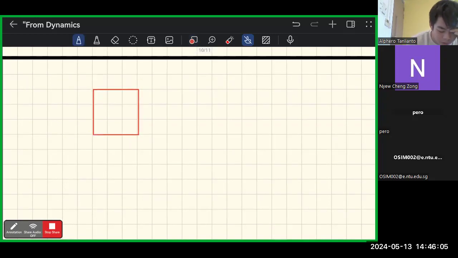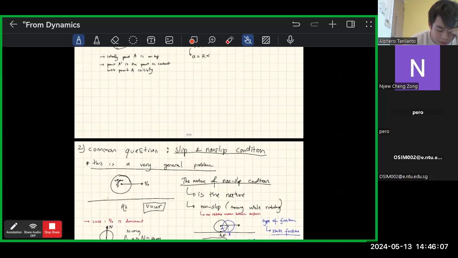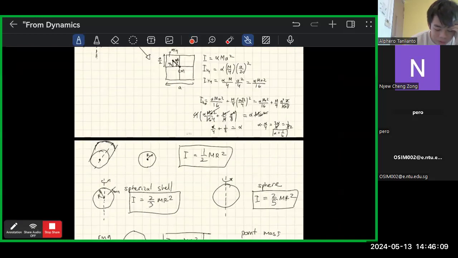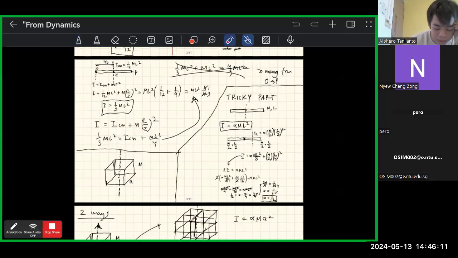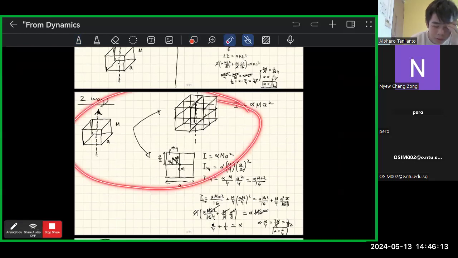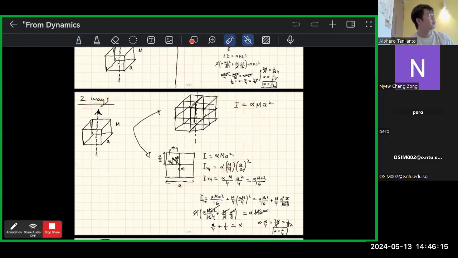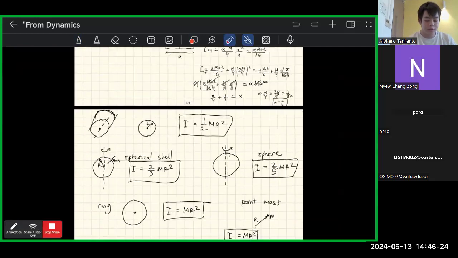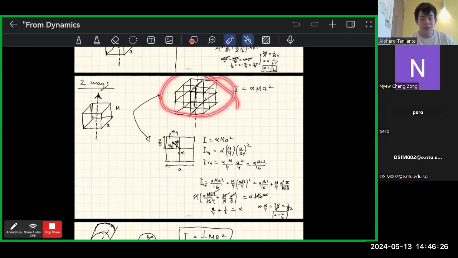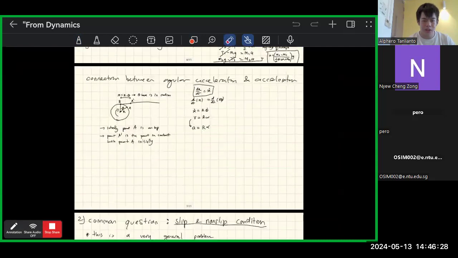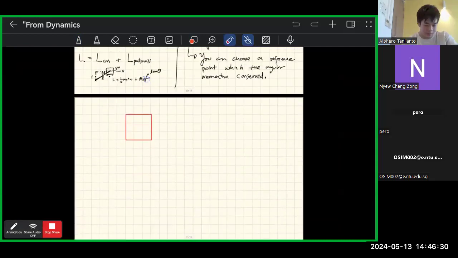I think it's the continuation of this problem, because this kind of problem has the part B where this 3D cube is hit by a bullet, if I'm not mistaken, yeah.